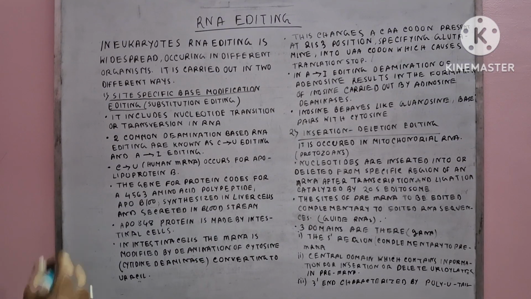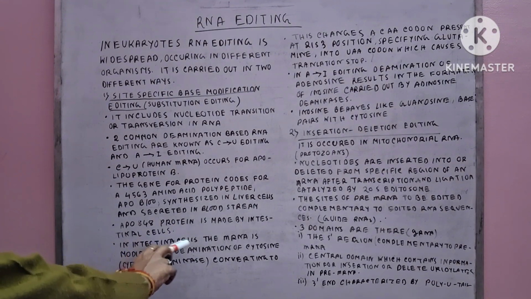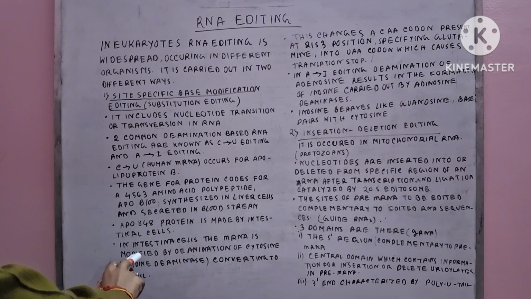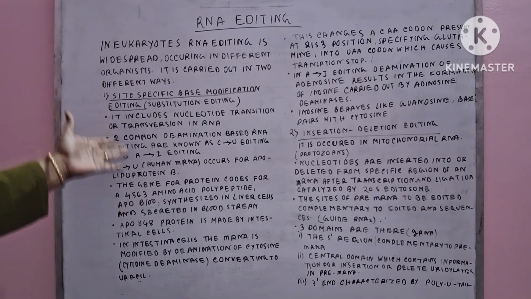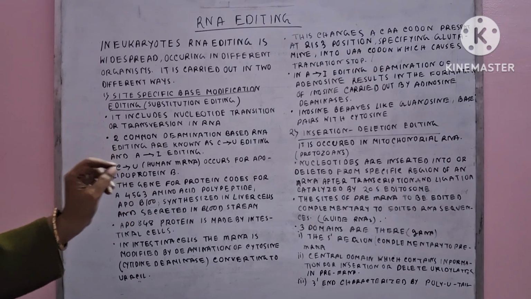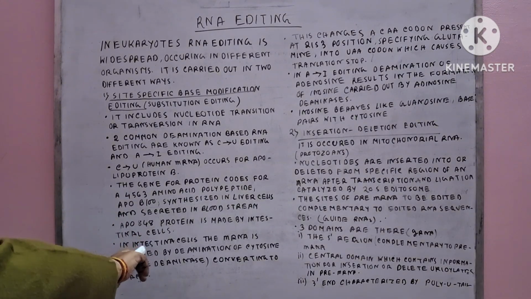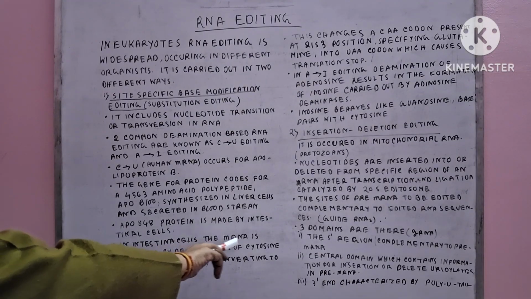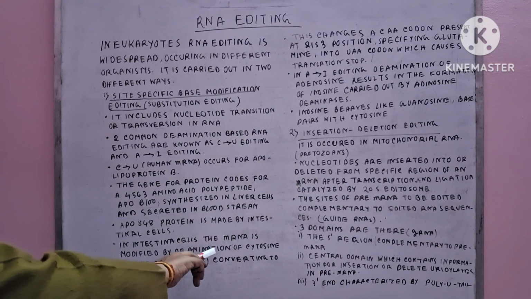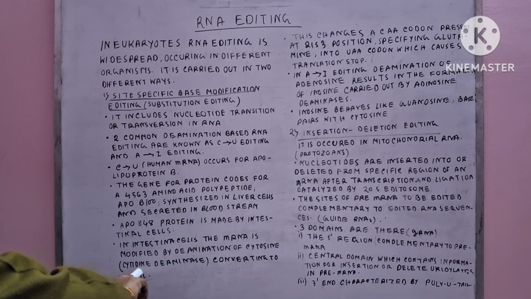Okay. So in the case of intestinal cells, the mRNA is modified by deamination. Here this processing occurs with the help of deaminase enzymes. Clear? So in the case of intestinal cells, the mRNA is modified by cytidine deaminase.